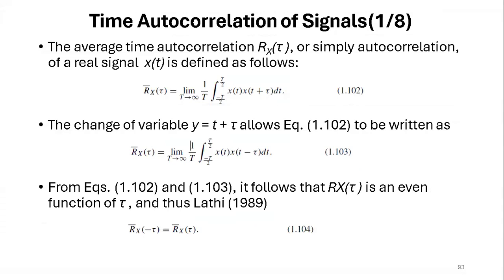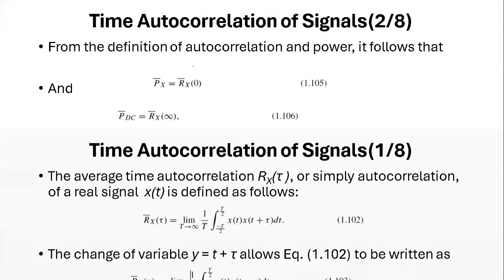Time autocorrelation of signals. The average time autocorrelation, or simply autocorrelation, for a real signal x(t) is defined as Rx(tau) equals the limit as T tends to infinity of 1/T times the integral over a period from minus T/2 to T/2 of x(t) x(t plus tau) dt. Changing variable, y equals t plus tau, we can also write it as the integral of x(t minus tau) x(t) dt. The autocorrelation is a function of the time delay tau, thus Rx(minus tau) equals Rx(tau).